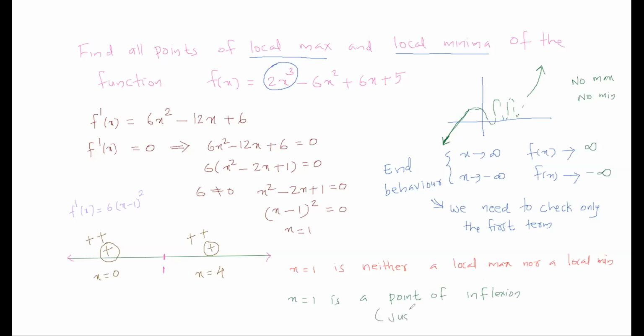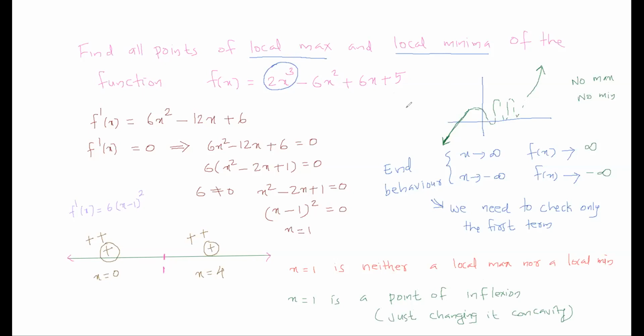What will happen at those points is it is just changing its concavity. If it is concave up, it becomes concave down; if it is concave down, it becomes concave up. So it's just changing its concavity.